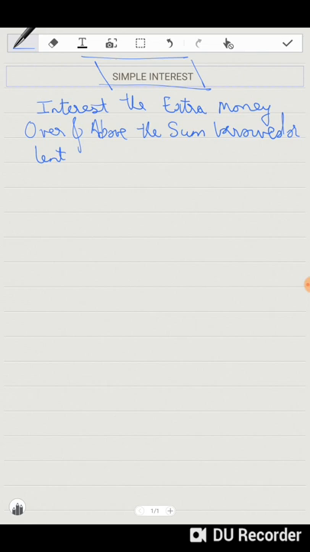Extra money over and above the sum borrowed or sum lent out. So that is, in simple terms, interest.